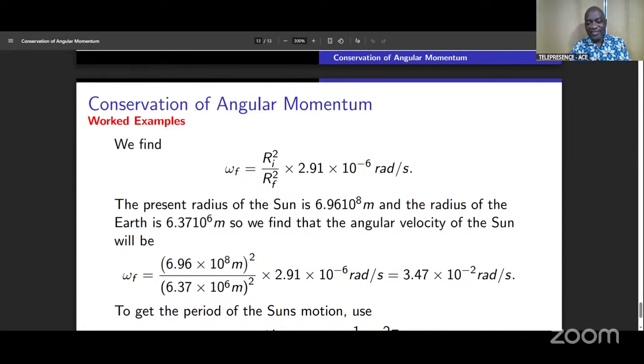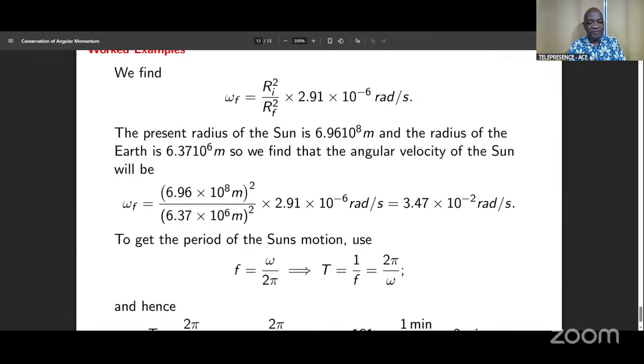It should be 6.96 times 10 raised to power 8, not 6.9610 times 10 raised to power 8. Similarly for the radius, it should be 6.37 times 10 raised to power 6. So please insert the times. Now putting in the values, you have your omega f being given by this.